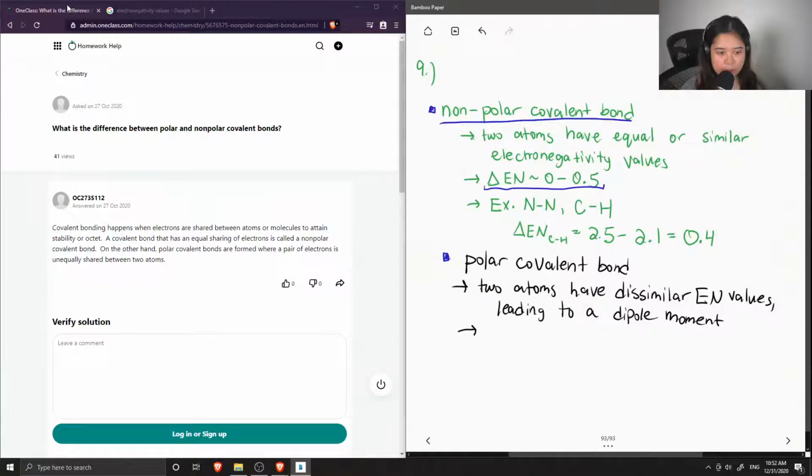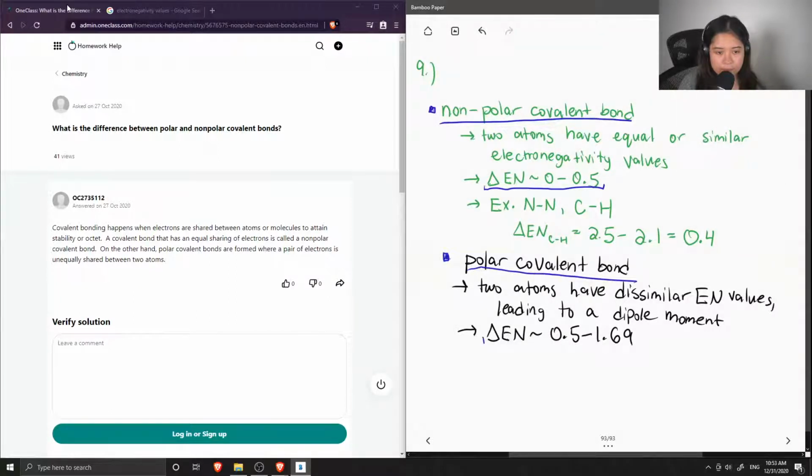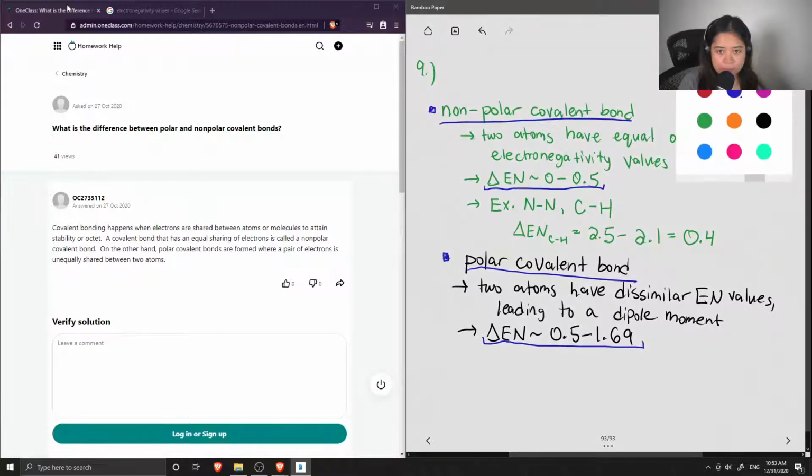Typically the difference in electronegativity for polar covalent bonds can range from 0.5 to around 1.69. Okay, so let me underline this as well.